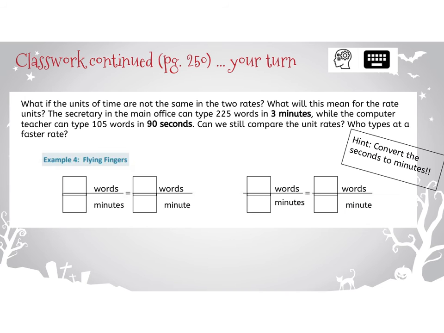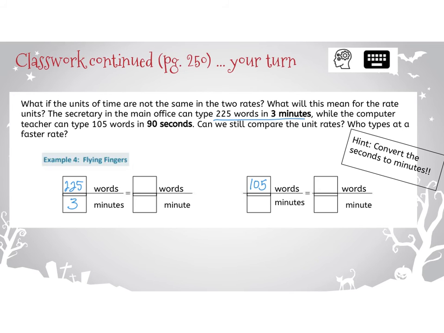Let's see if there's a problem here. What if the units of time are not the same in the two rates? What will this mean for the rate units? The secretary in the main office can type 225 words in 3 minutes, while the computer teacher can type 105 words in 90 seconds.